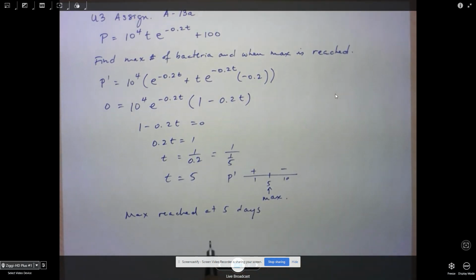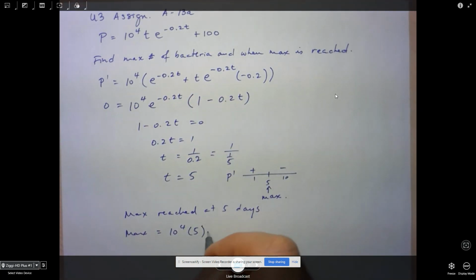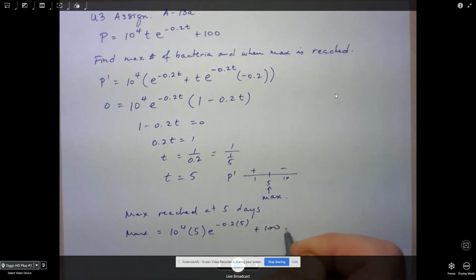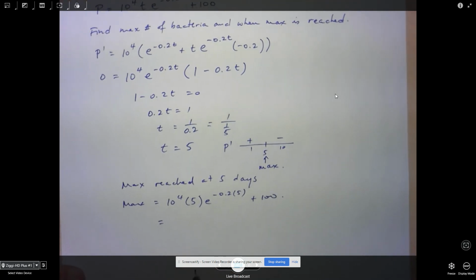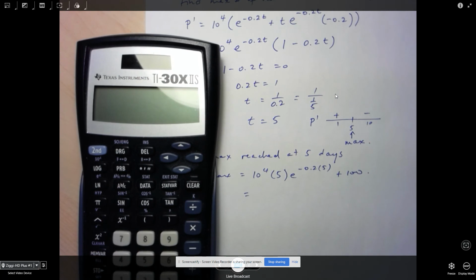Okay, and what is the maximum? The maximum is equal to, so now we'll just calculate that. So it's 10 to the 4 times 5. I'm just inputting 5 into my original equation. So 5 times e to the negative 0.2 times 5 plus 100. Let's calculate that here. What do we have?